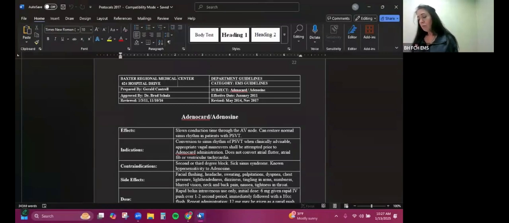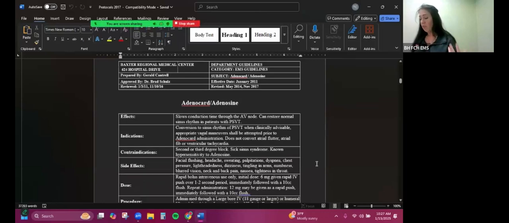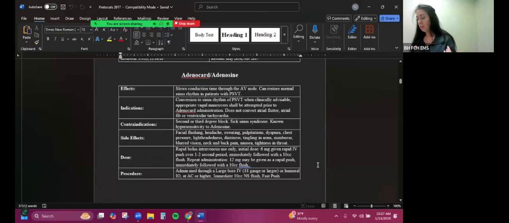You want to try your vagal maneuvers prior to giving Adenocard. And it does not convert atrial flutter, atrial fib, or ventricular tachycardia.